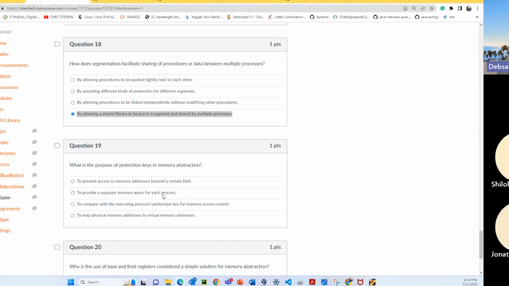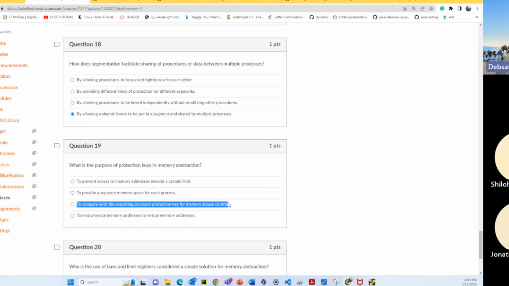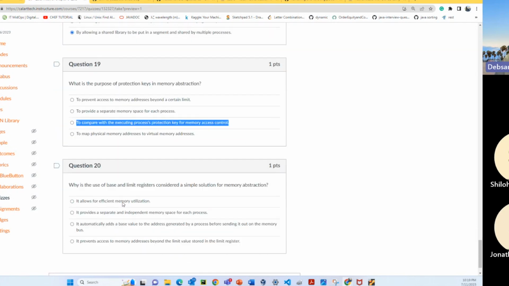Provide a separate memory space for each process, or compare executing processes' protection key for memory access control. So this one, the third one, is the security. Basically, it controls the access to different memories. So the user has to provide a key. That's the process within the kernel, and then it will be compared before it is accessed.